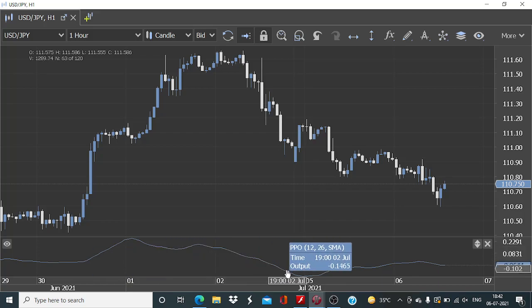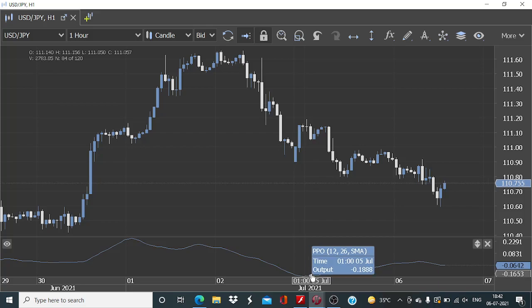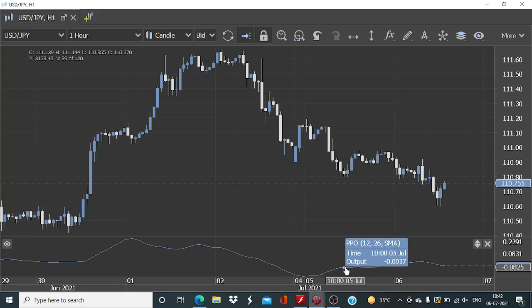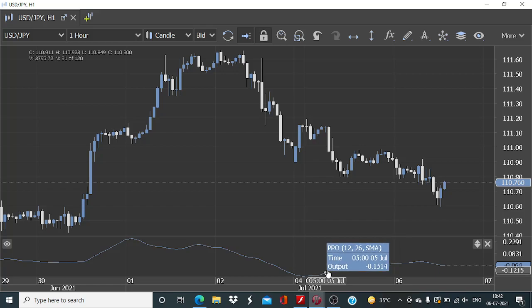And when we have the underlying momentum in the bearish phase, when the PPO output has been on the lower side, at such instances we will be looking for the change in underlying momentum. So whenever we see that PPO starts to rise and is picking up pace quite swiftly, whenever the difference is rising more than 0.05%, we will be looking to initiate the buy trade.